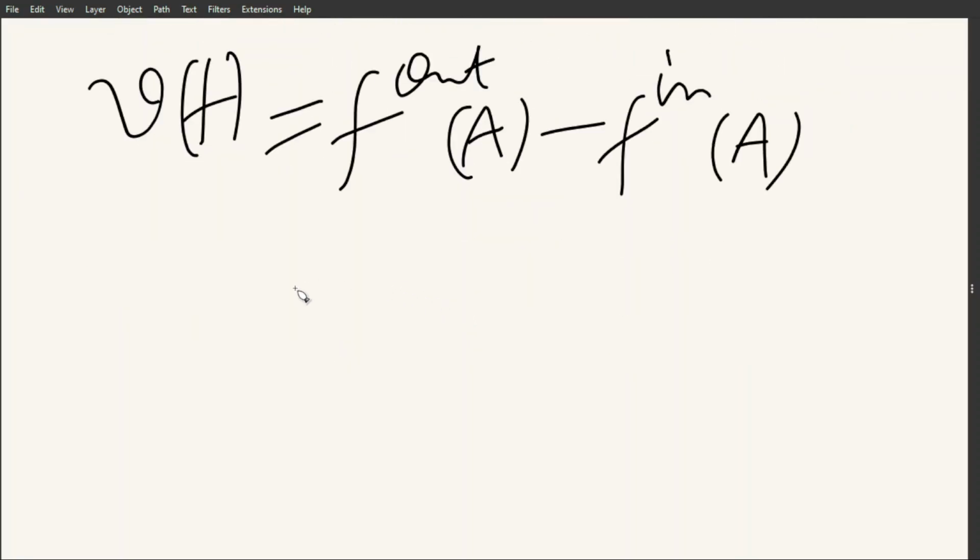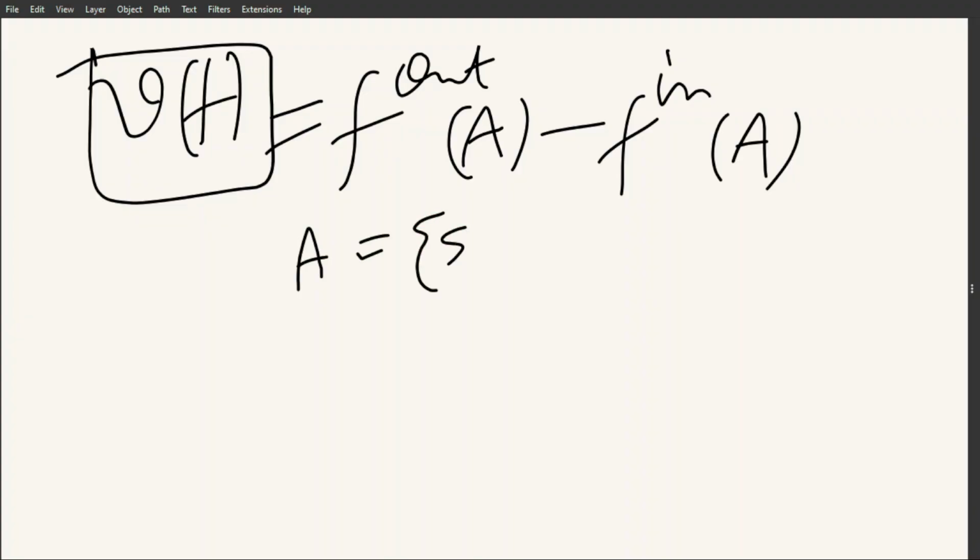Using a similar definition, you will get the same value of the flow whether you take S or any set of vertices. So the value of the flow is f out of A minus f in of A for any such A. In particular, we can also choose {S}, which is also an ST cut.